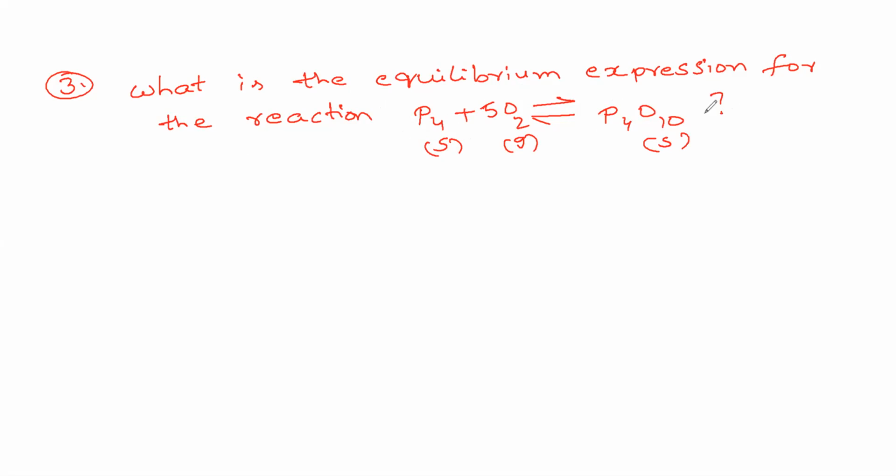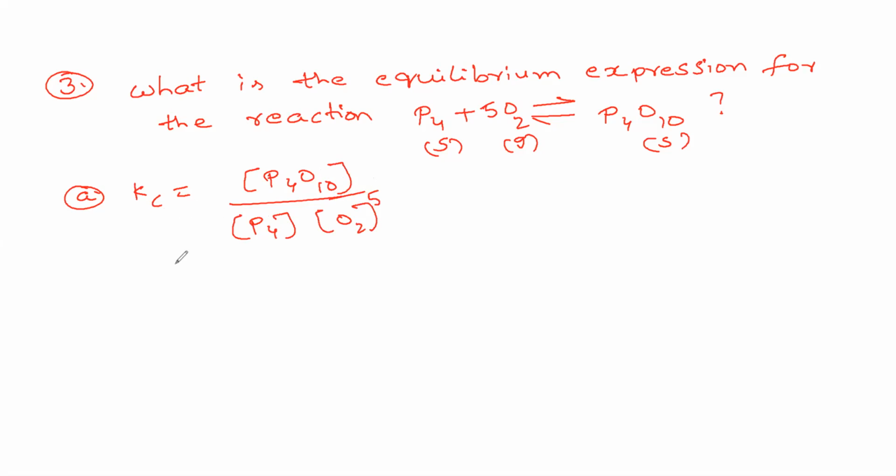So for this, they have given 4 options. Option A, Kc is equal to concentration of P4O10 by concentration of P4 into concentration of O2 to the power of 5. Second option, Kc is equal to 1 by concentration of O2 to the power of 5.